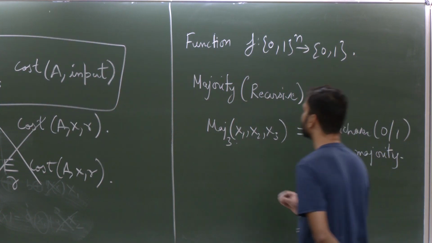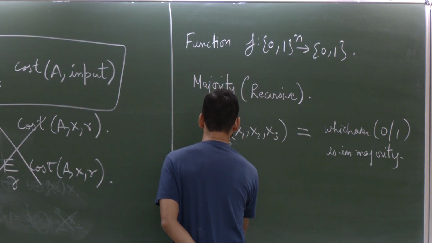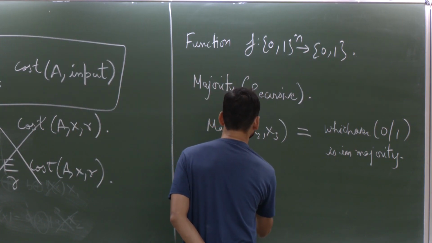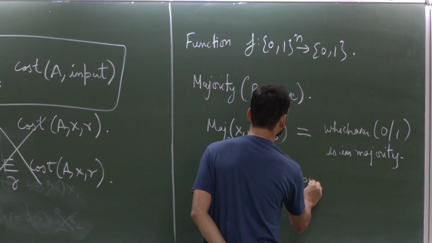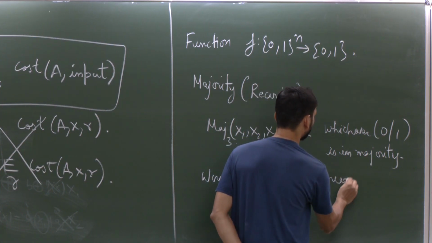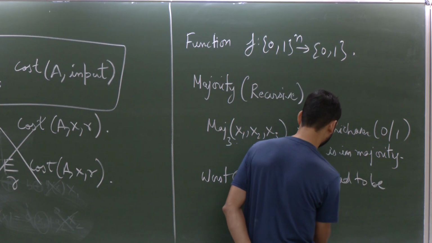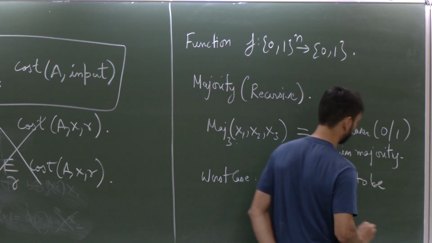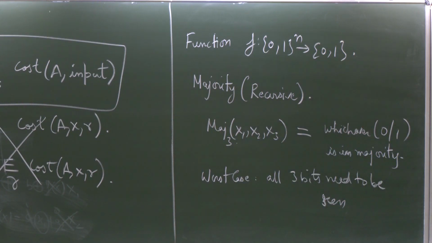Correct? Because for any deterministic algorithm, if you look at bits xi and xj, I can make sure that the first bit is 0, the second bit is 1.